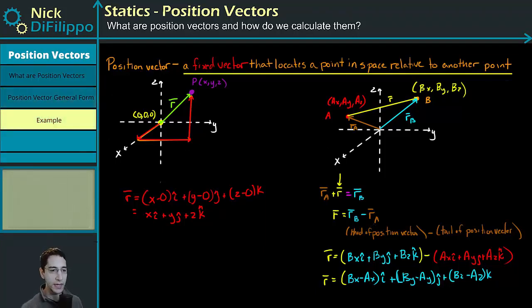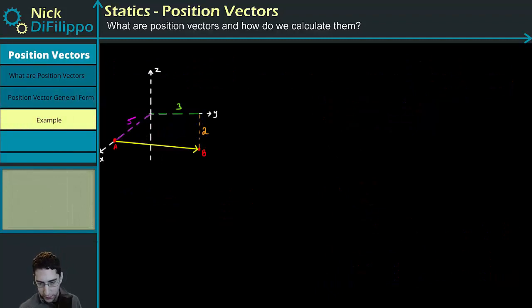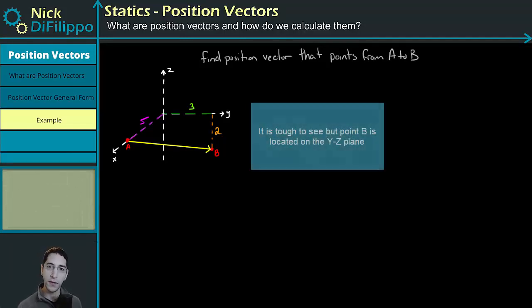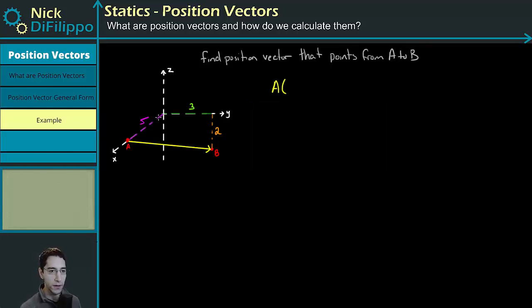Now let's look at an example. What I want to do is find the position vector that points from A to B. Okay, so the first thing I want to do is list out the points of A and list out the points of B. So my point A is going to have a point of, this is x, so I'm going to be 5 along the x.